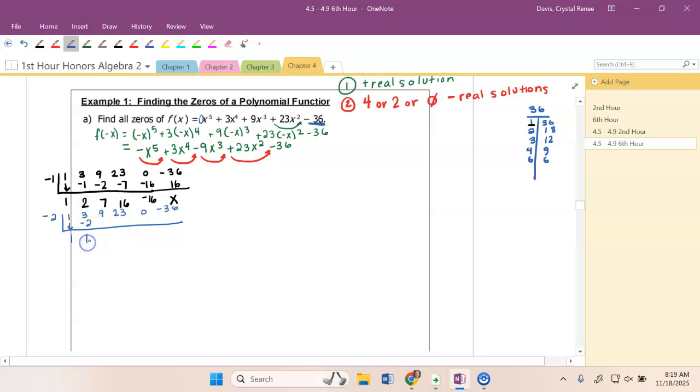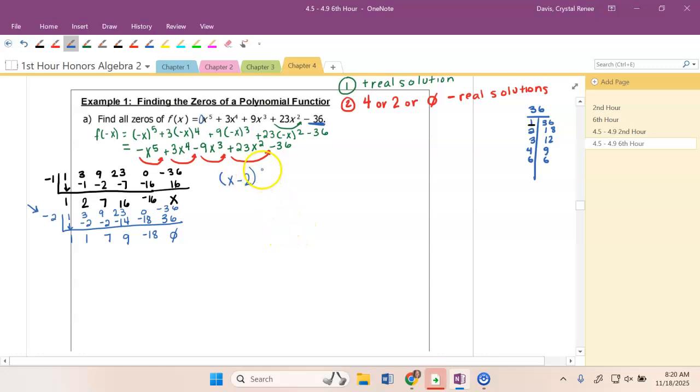Add these, get 1. 1 times negative 2 is negative 2. Add to 9, get 7. 7 times negative 2 is negative 14. Add to 23, get 9. 9 times negative 2 is negative 18. Add those, it's negative 18. Negative 18 times negative 2 is a positive 36. When I add them, I get a remainder of 0. So negative 2 is a zero, which means x plus 2 is a factor.